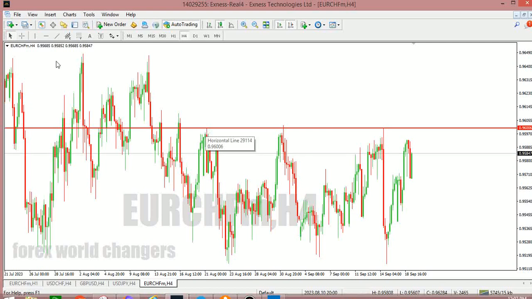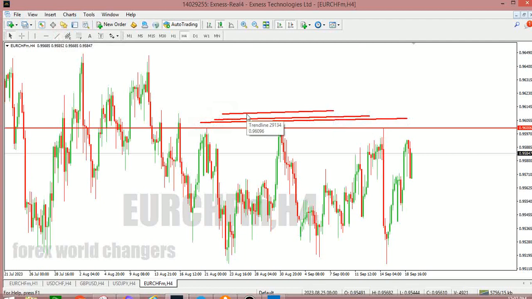So the market knows that there's a lot of stop loss it has to take here, but it doesn't just go up and then come back down again. It won't do that. It has to take the stop loss and then decide to go in the right direction.